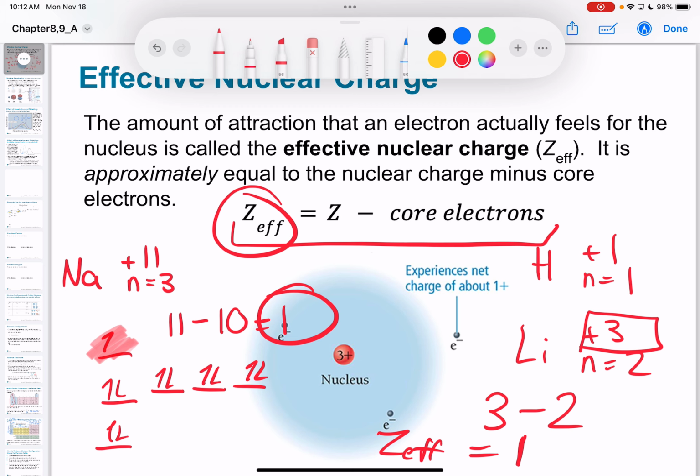So what you're seeing is that in a given column, hydrogen, lithium, sodium, they have a similar Z effective. Every time you subtract off those core electrons, you still get this effective nuclear charge of +1. So even though sodium has 11 protons and lithium only has 3, sodium does not pull on the valence electrons any more than lithium does because of that shielding.